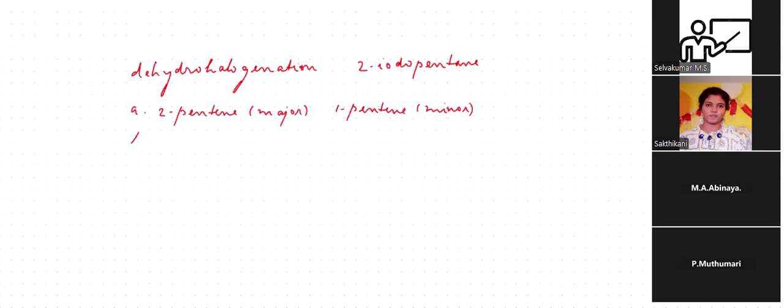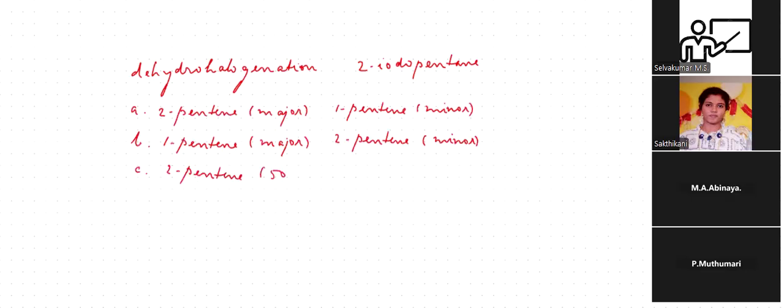Option B, 1-pentene as the major product, 2-pentene as the minor product. Option C, 2-pentene 50%, 1-pentene 50%. And option D, none of these. None of these should not be given, but in the book it is given.